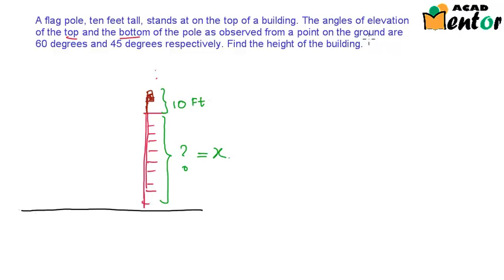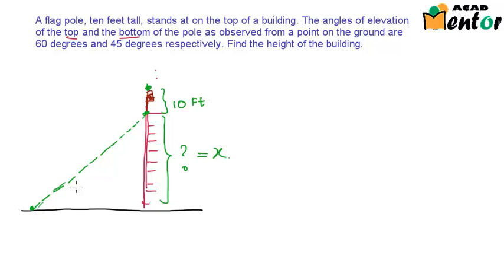We are also given that the angles of elevation from a point on the ground, let's assume this point here, so the angles of elevation of the bottom of the pole, that is this point, and the top of the pole, that is this point, are 45 degrees and 60 degrees. Let me just draw the line of sight.